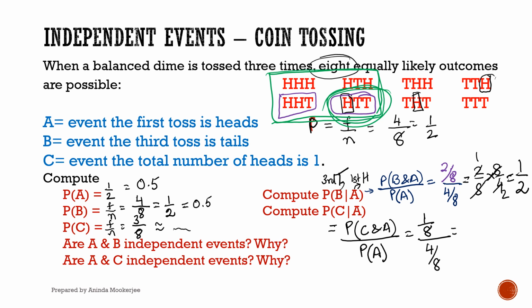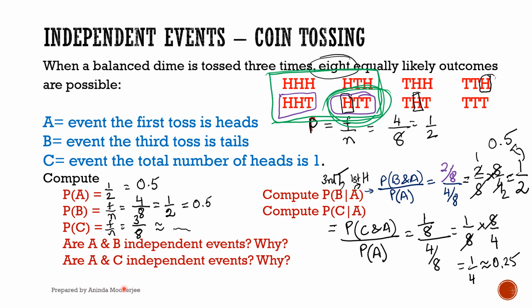So now we do the division again. 1/8 multiplied by 8 over 4, again fraction division, which is 1/4, which is 0.25, right? This one is 0.5.